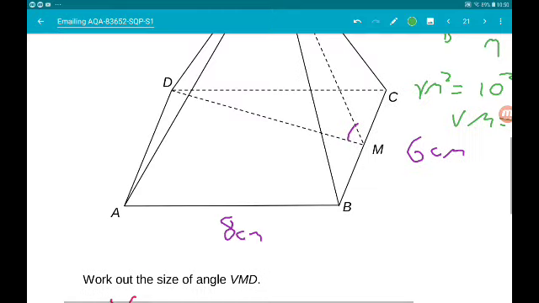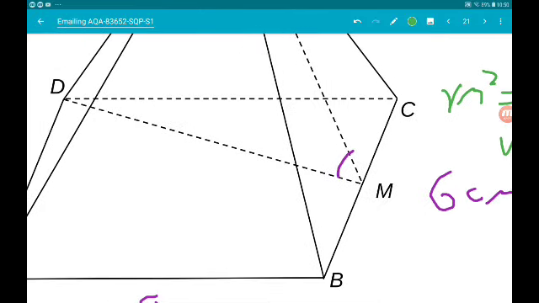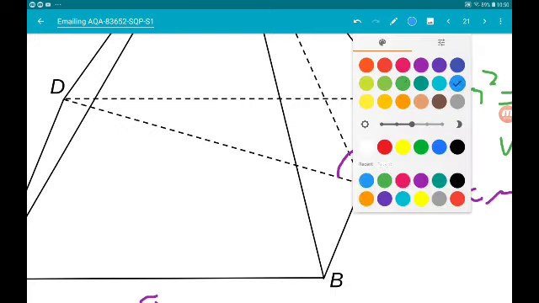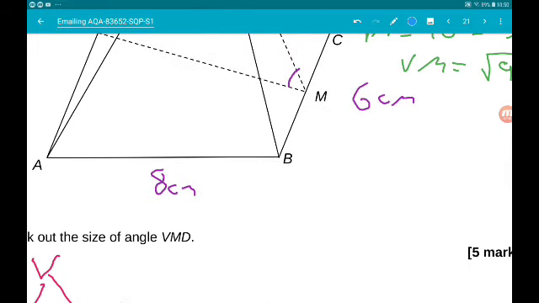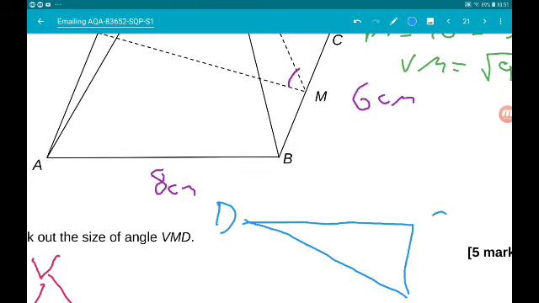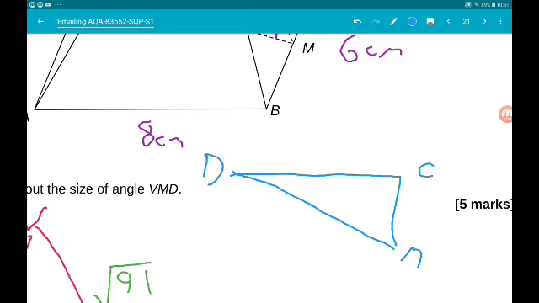So, the other triangle that we've got going on is DCM. So if we make a sketch of that, so there's D, C, and M. Now we know that CM is 3.